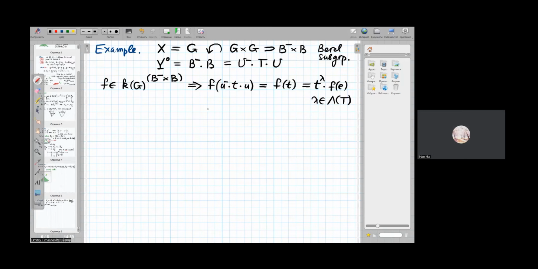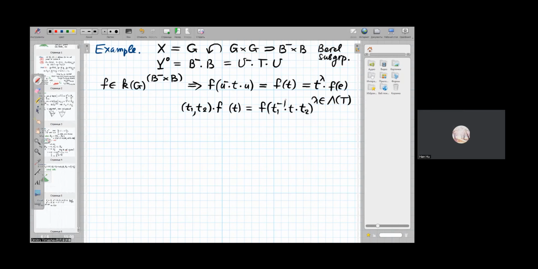And what is the eigenweight? Let's make a more detailed computation. If you act on this function f by an element in the maximal torus of B cross B, it is just T cross T. So t1 and t2 are elements in T, and this pair is in T cross T. If you act by this element on a function f and evaluate this at t, it is the same as f of t1 inverse times t times t2.